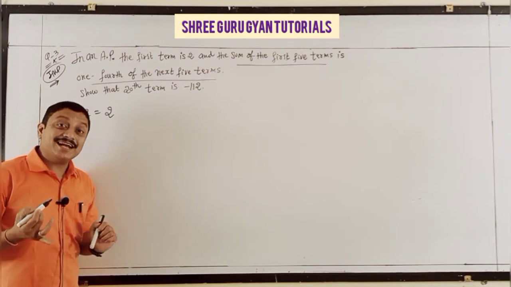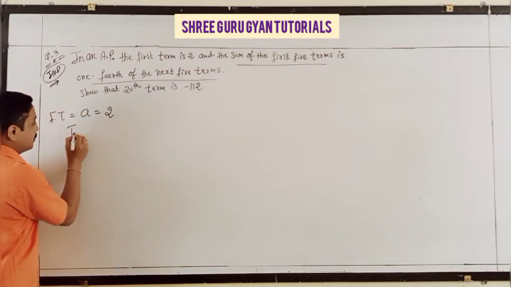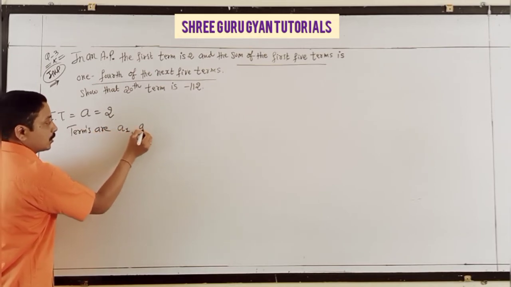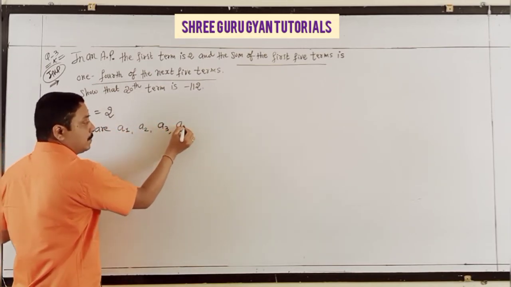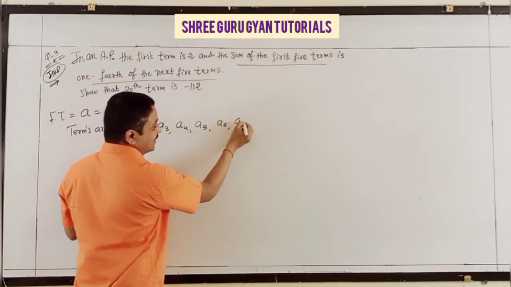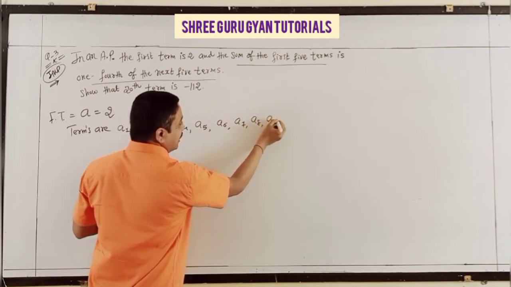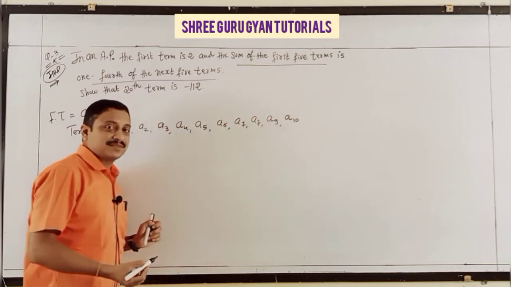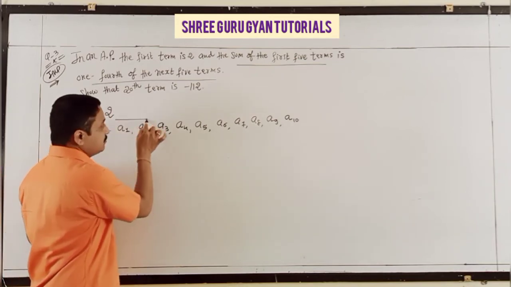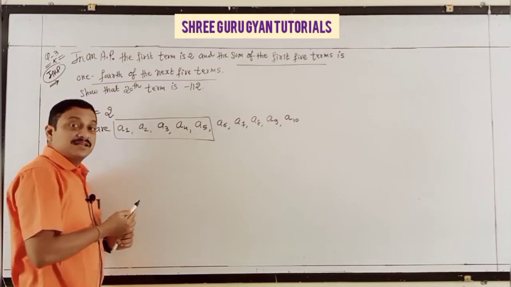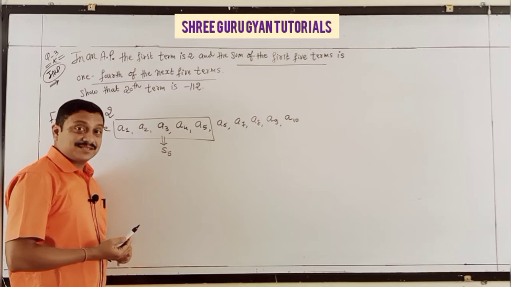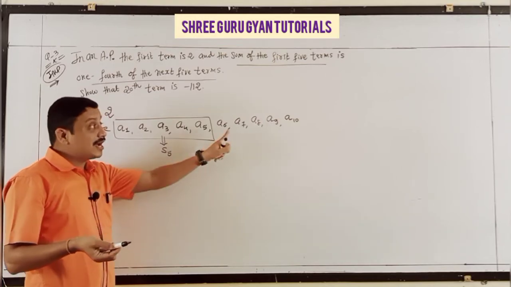It means there are 10 terms. I write them down here: A1, A2, A3, A4, A5, A6, A7, A8, A9 and A10. Now read again: the sum of the first 5 terms is S5, and it is 1/4 of the last 5 terms.